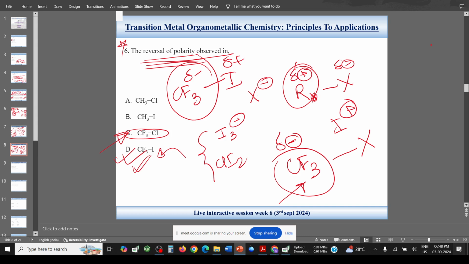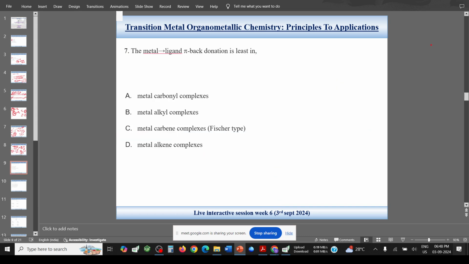Question number 7 is, the metal to ligand pi back donation is least in.